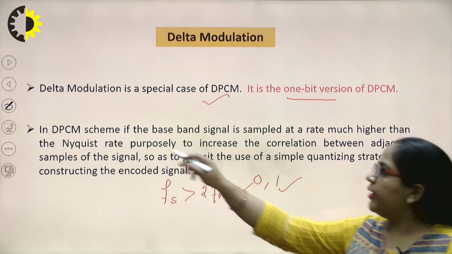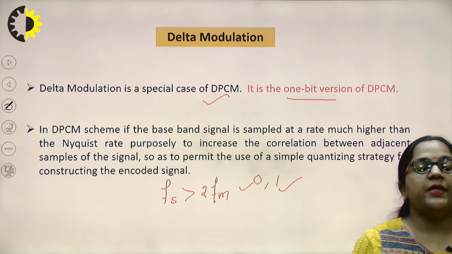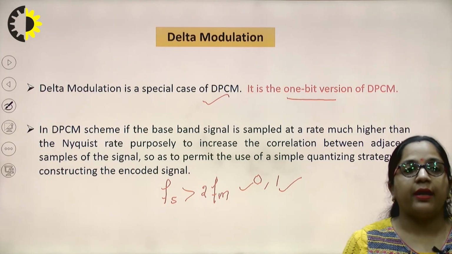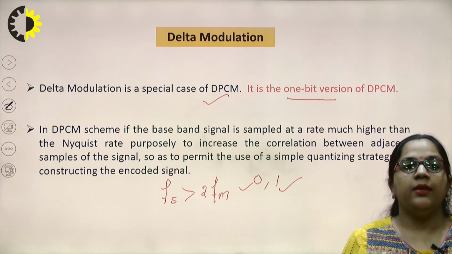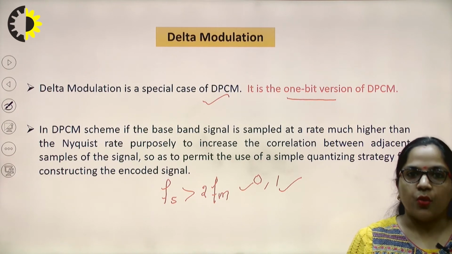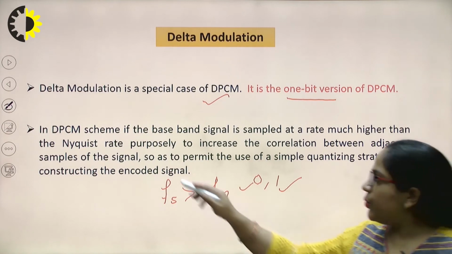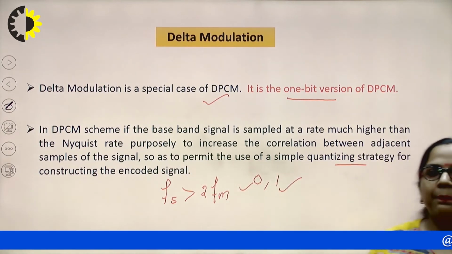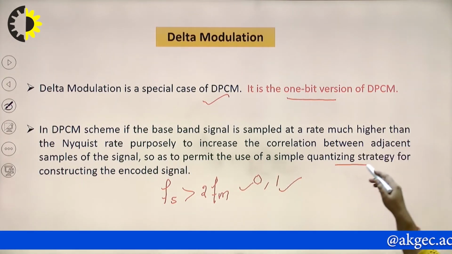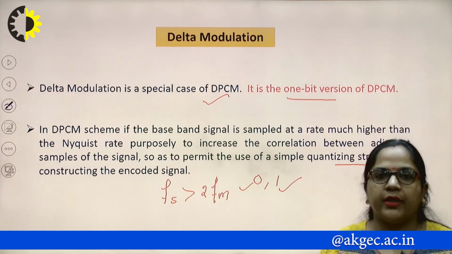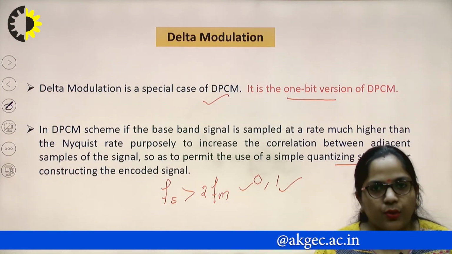Okay. So in the DPCM scheme, the baseband signal is sampled at a rate much higher than the Nyquist rate, purposely to increase the correlation between adjacent samples of the signal, so as to permit the use of a simple quantizing strategy for constructing the encoded signal.